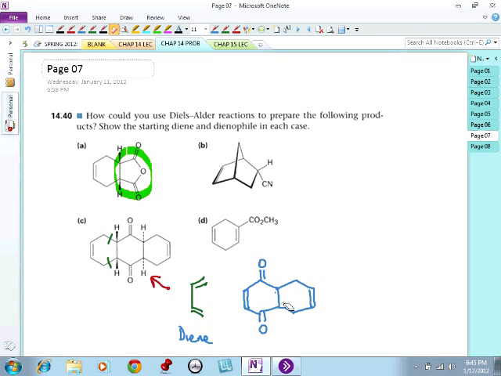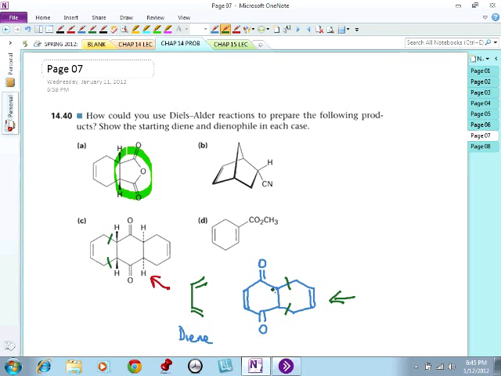Okay, now let's take a look at this product here. In other words, this is another product that came from an earlier Diels-Alder reaction. So let us do the analysis of that. If we say this part of the molecule will be coming from Diels-Alder, so we could clip that. Say, okay, this here and this here. So therefore, what will be the starting material?